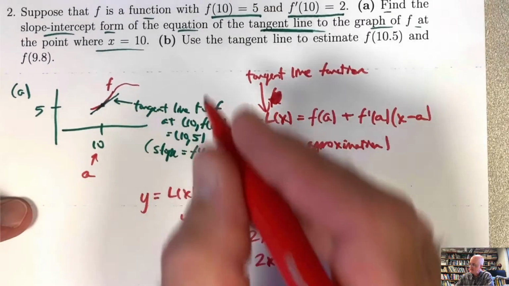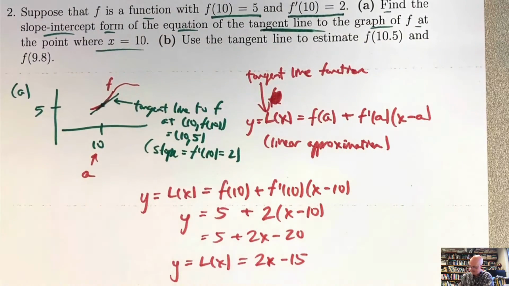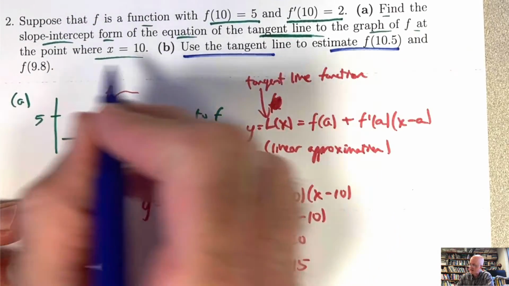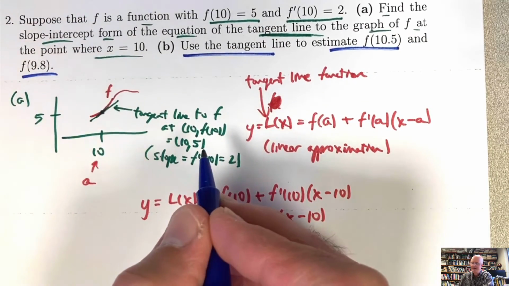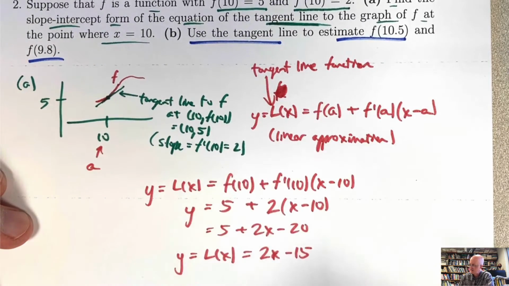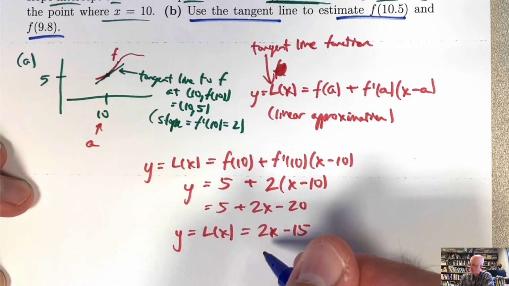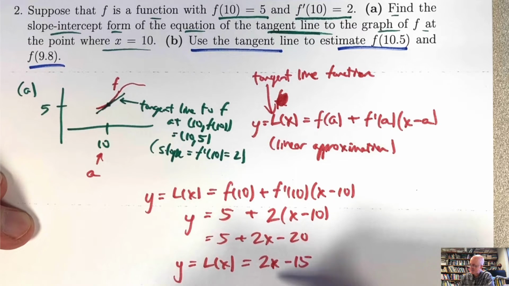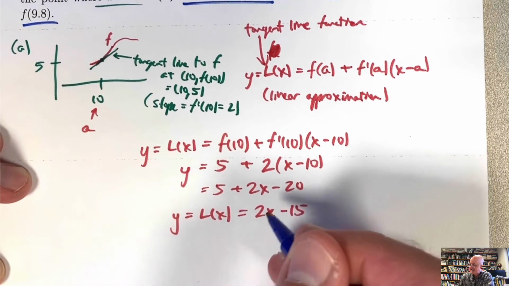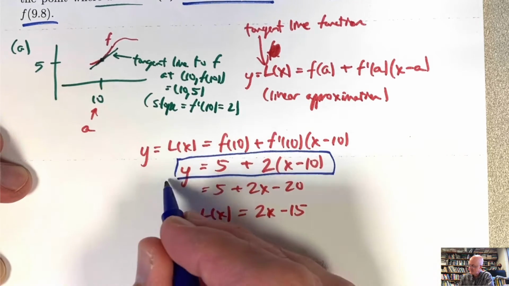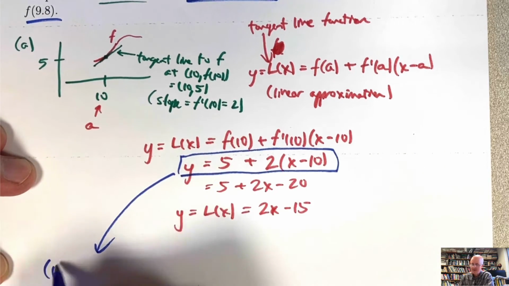Part B, use the tangent line to estimate f of 10.5 and f of 9.8. Okay, so we're going to use this green line to approximate the red curve. Use this equation to approximate the unspecified equation for f, effectively. It's actually easier to not use the simplified slope-intercept form, and to use this form for part B. Why?